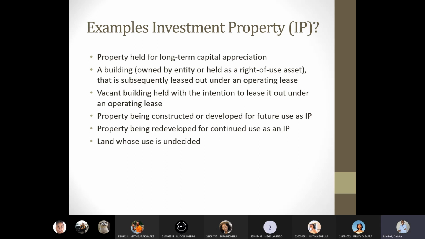Land whose use is undecided. So if you have vacant land, but you do not have a purpose for that vacant land, you haven't made a decision as to what you're going to do with that vacant land, that land will be classified as investment property and not as property, plant, and equipment under IAS 16. Are there any questions?